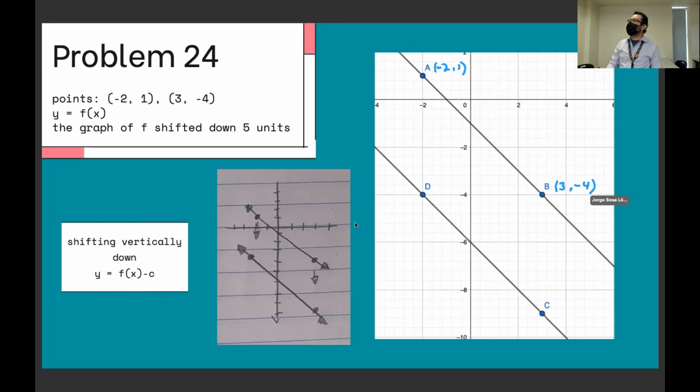And so the graph, or the function rather, is being shifted down.